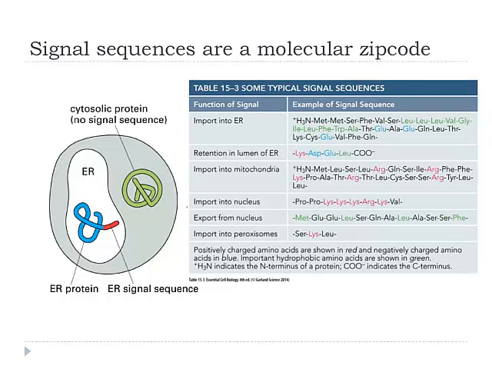One of the most important pieces of information that a protein will have that will determine where it goes in the cell is a signal sequence.